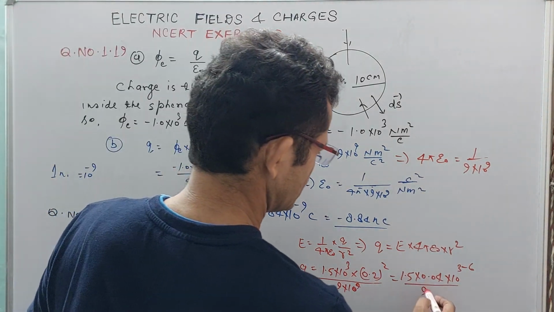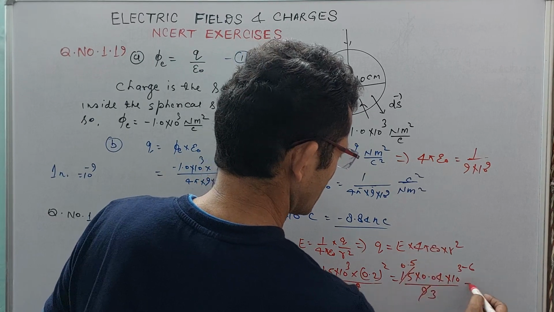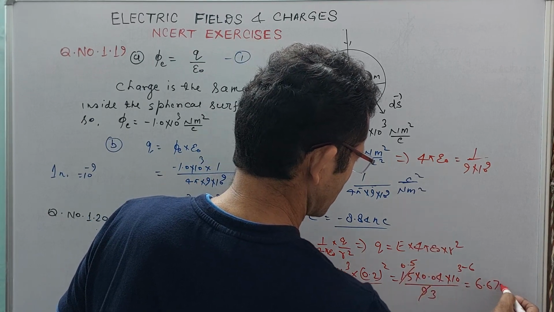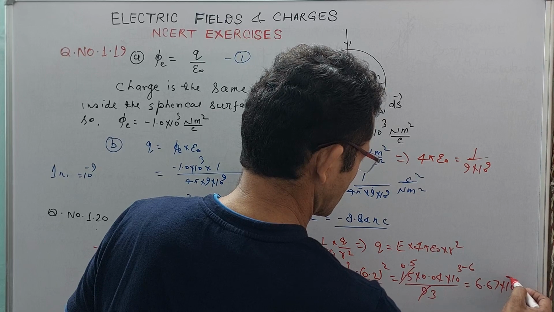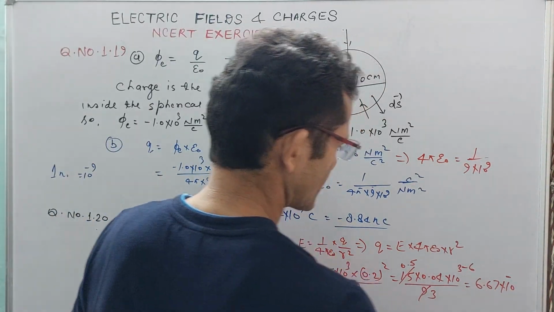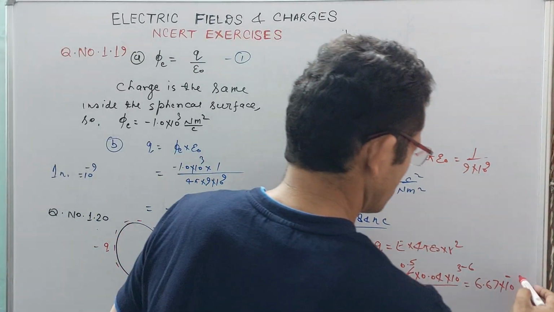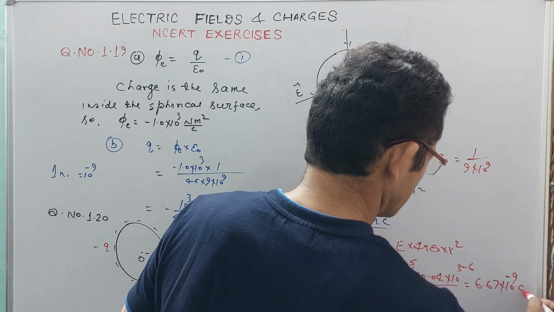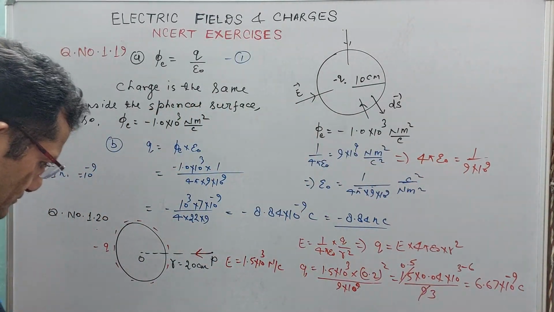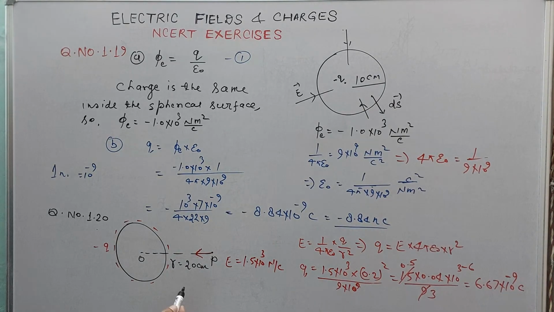If you divide this one, this value is 6.67 times 10 raised to the power minus 9 coulomb. So if I simplify it again, this value is here.